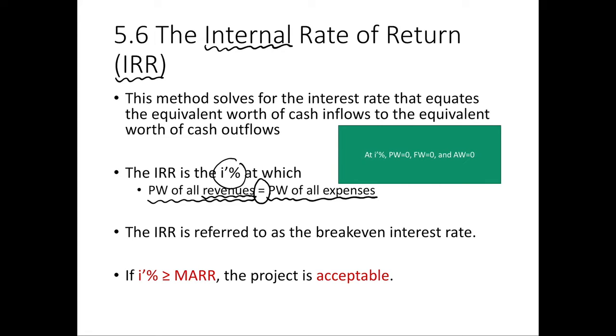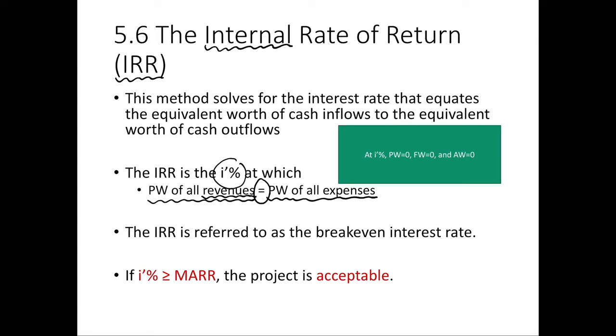So you can imagine you're gonna have some factor method on the left side, some factor method on the right side, and what you don't know is the I percent. You know the cash flow, you know what factor you're gonna use, but you don't know what I makes them equal to each other. So you're gonna solve that equation to find out the I prime percent.